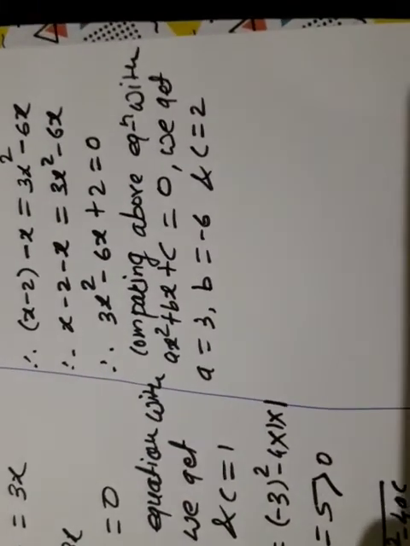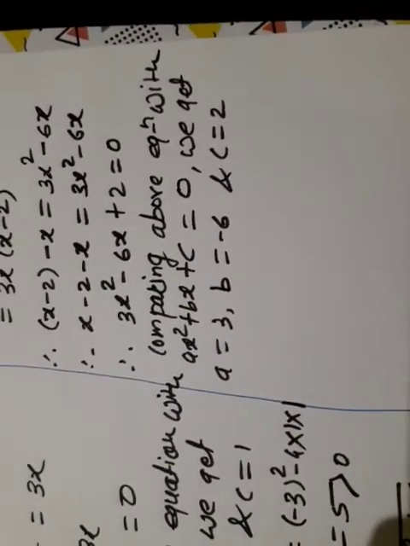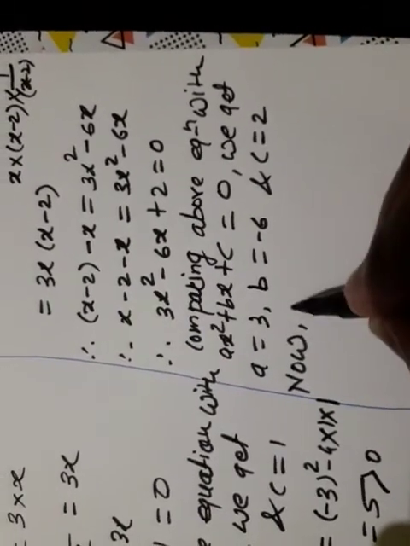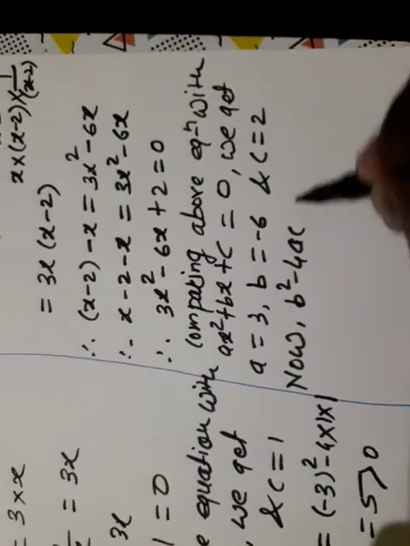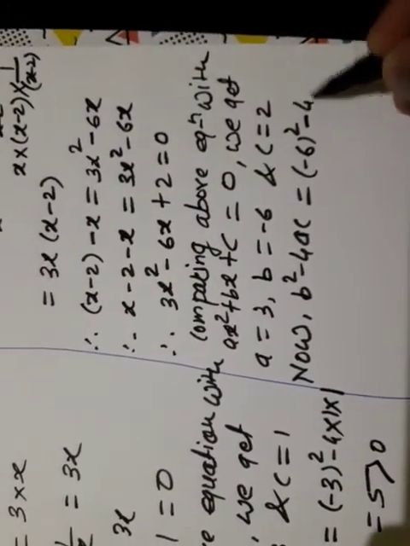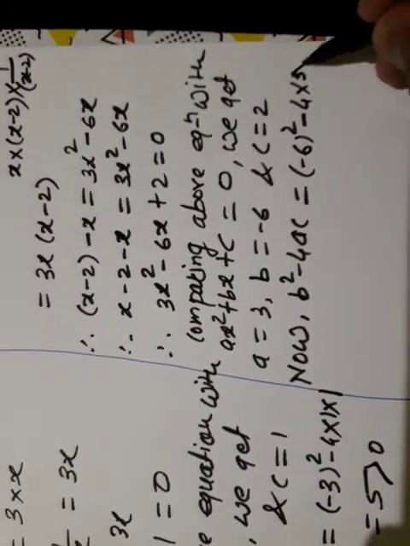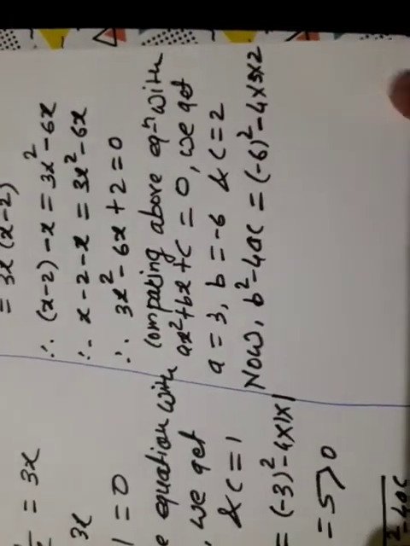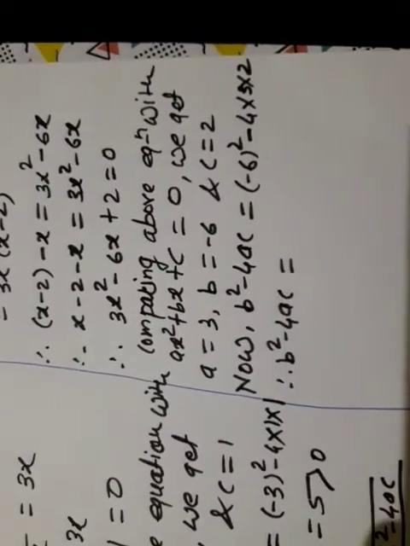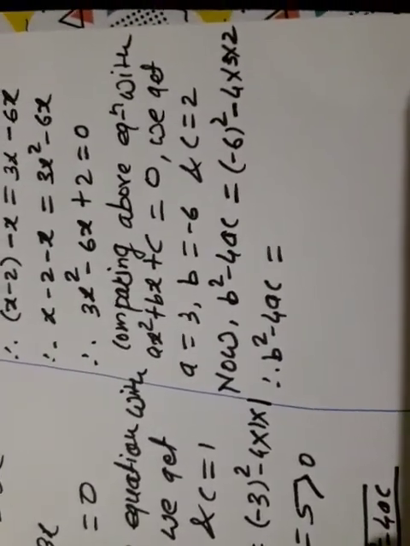C is equal to what? Plus 2. Now first of all we have to check b square minus 4ac. Put the values: minus 6 square minus 4 into 3 into 2. Therefore b square minus 4ac is equal to, now look here, what will you get?